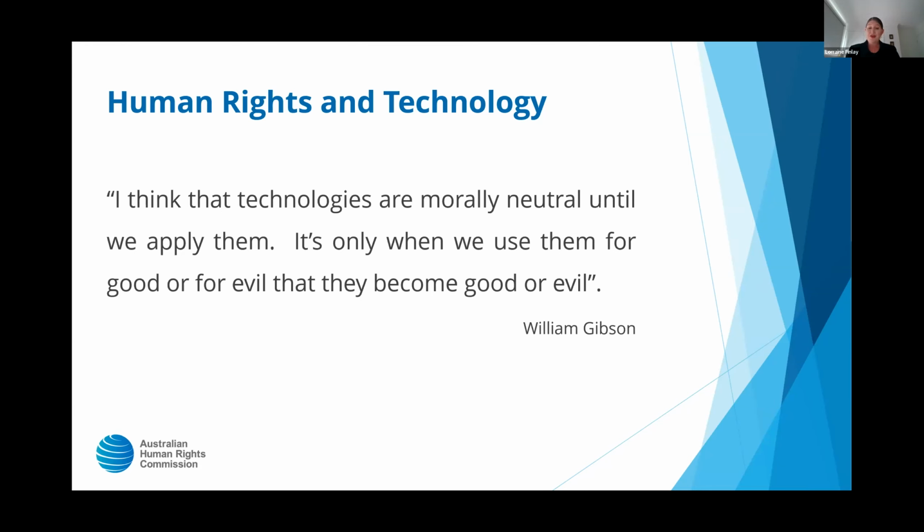However, the increase in the use of AI also comes with a necessary increase in the need for us to scrutinise its use. Now more than ever, organisations must be alert to the risks that attach to the use of AI, including algorithmic bias. And I think this quote from William Gibson really sums up to me the starting point, which is that these risks alone don't make technology good or bad. It really is all about how we use it.